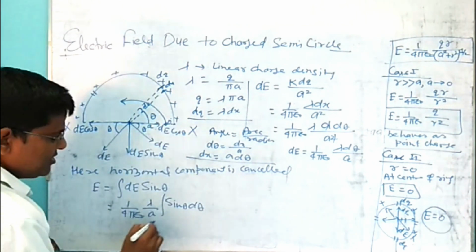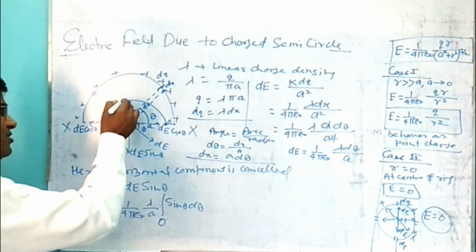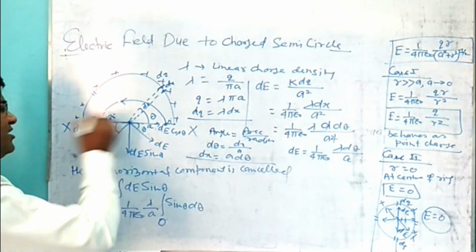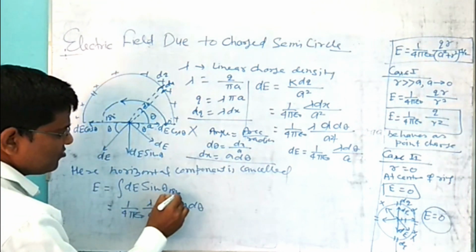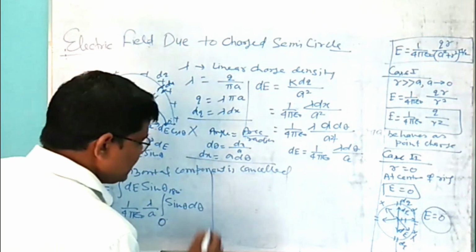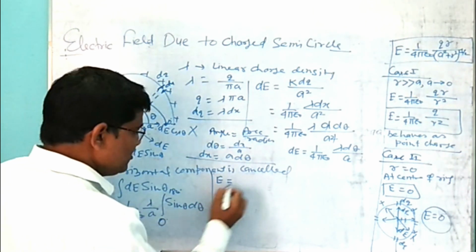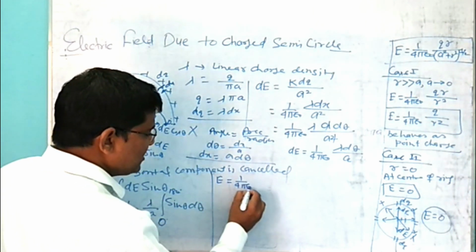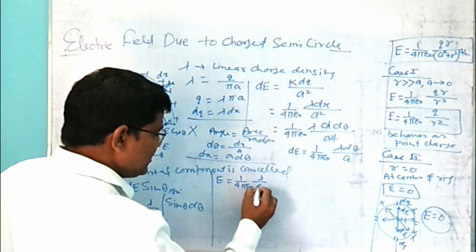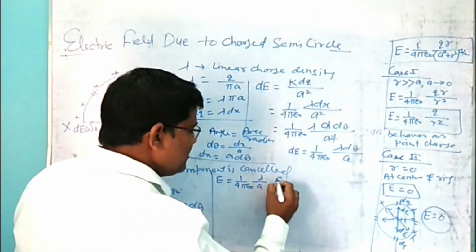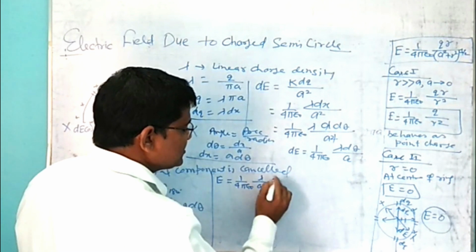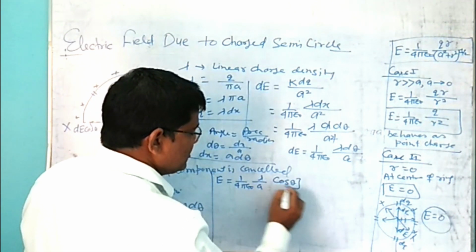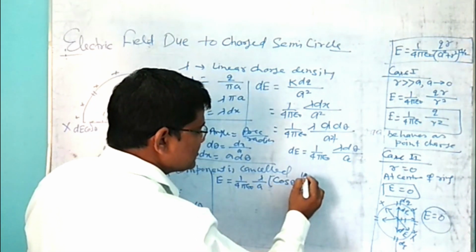This is 0 degree, and here to here means 180 degree. Then the electric field becomes 1 upon 4 pi epsilon naught lambda by a, integration of sin theta, which is minus cos theta, from 0 degree to 180 degree.